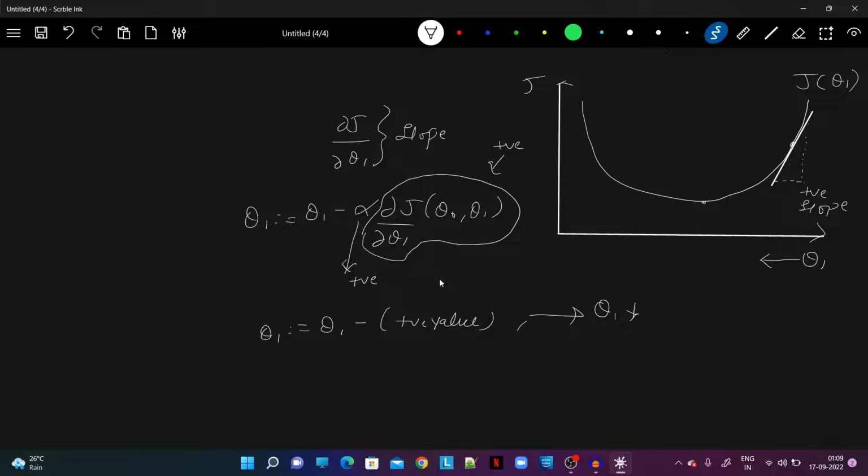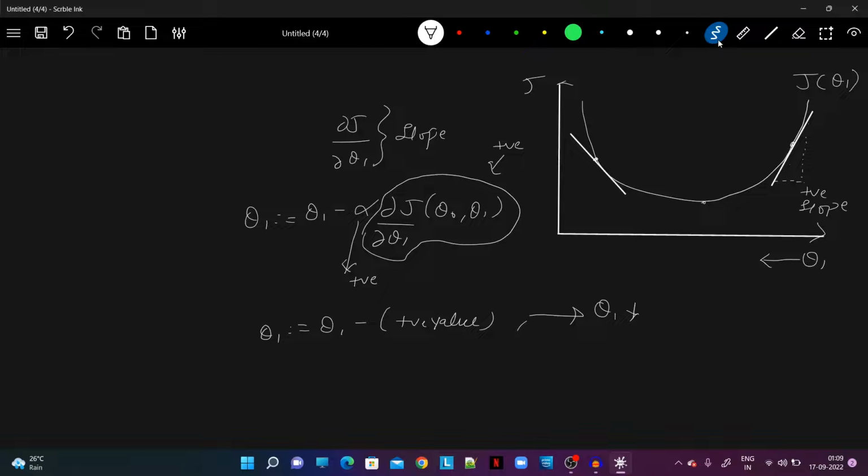And similarly, suppose now in the same graph your theta 1 was somewhere here, you started off from here. So here if you check the slope, the slope will come something like this.